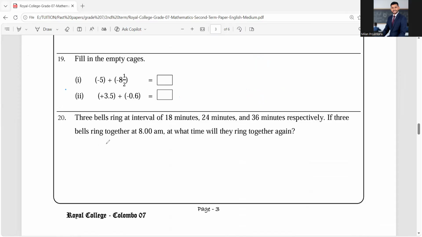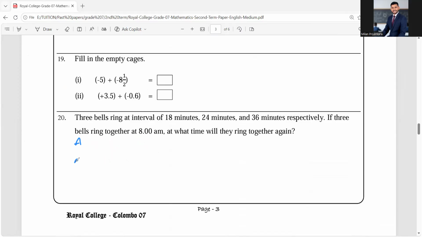At 8 o'clock, let's say bells A, B, C all ring. Then after how many minutes? A rings every 18 minutes, B every 24 minutes, C every 36 minutes. We will take only the time interval.